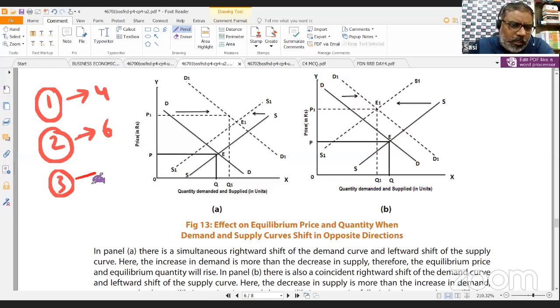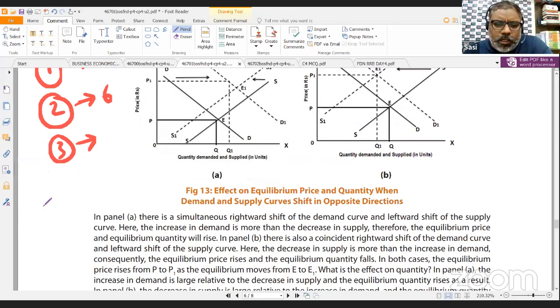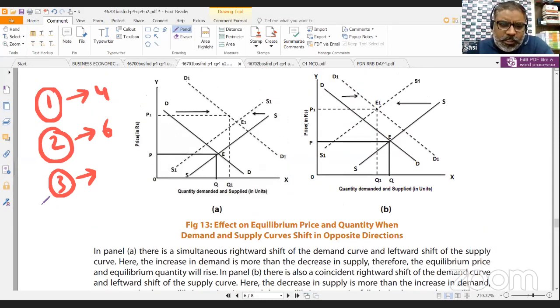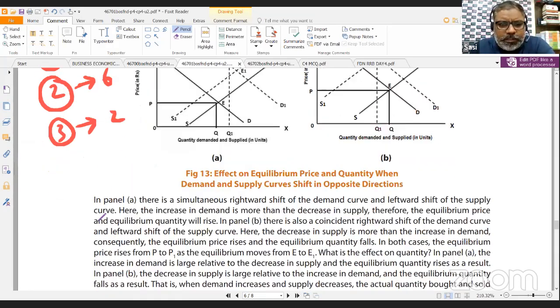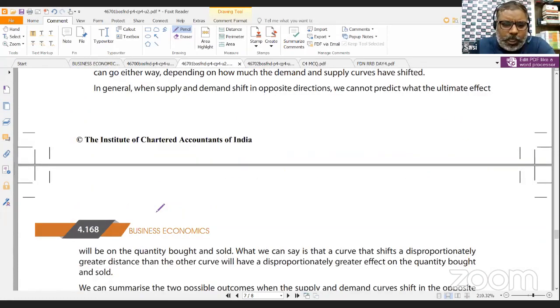There are 6 scenarios there. Now, the third level of changes that happen here, what are we looking at? They are going in opposite directions. So what is the effect on the equilibrium price if demand and supply are going in opposite directions? Here also we have 2 different scenarios. Of course, they can be multiplied with other multiple possible options also.